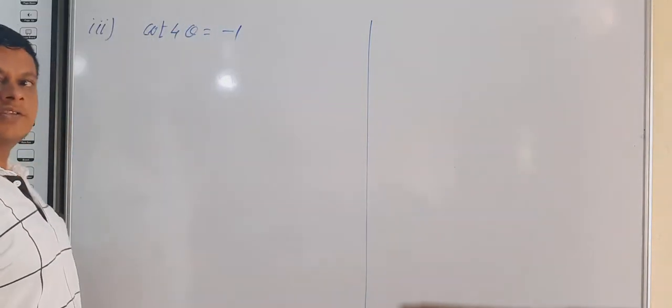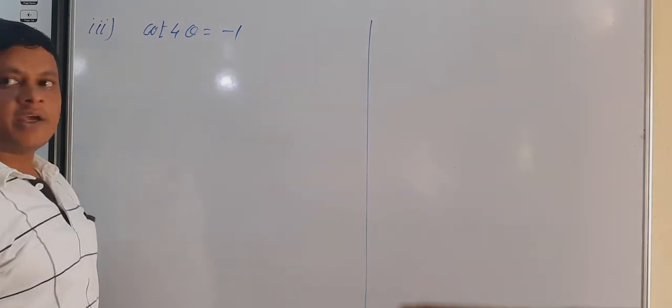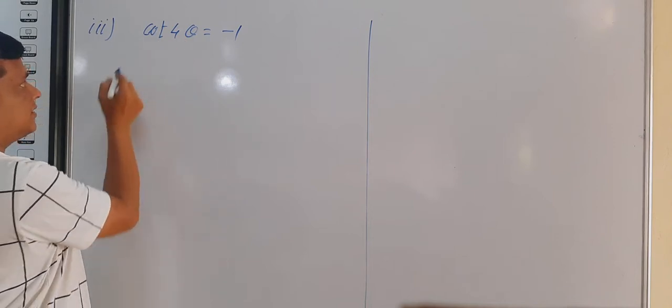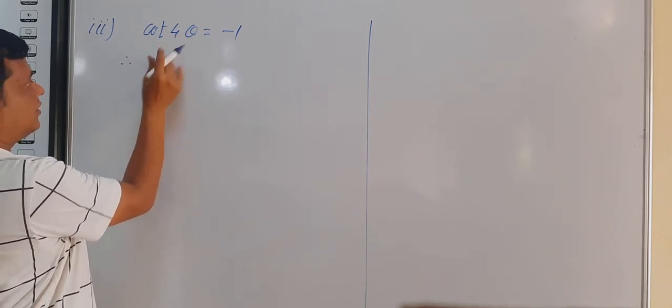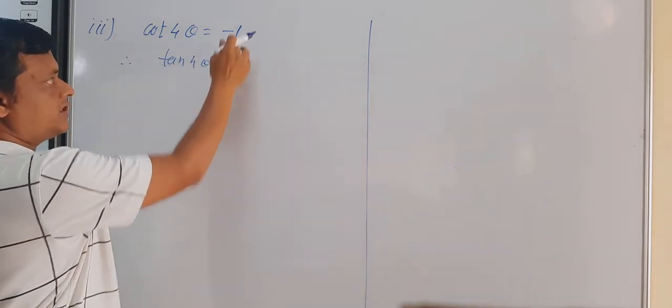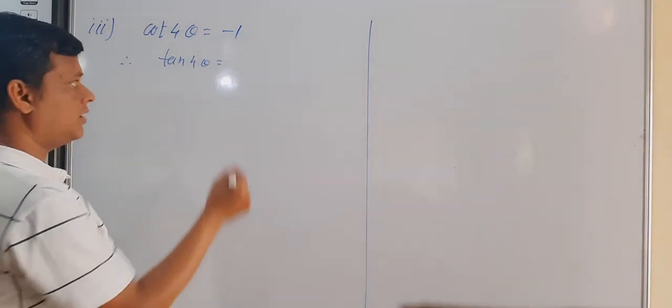Now see the next example. Cot 4 theta equals minus 1. So we write it in terms of tan first. Therefore in place of cot we write tan 4 theta is equal to the reciprocal of minus 1, which is again minus 1.